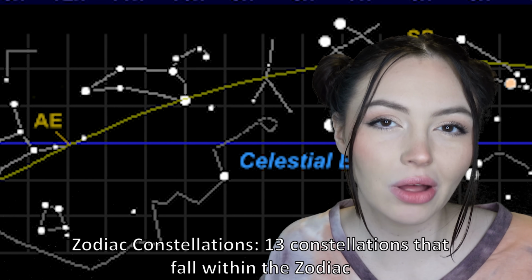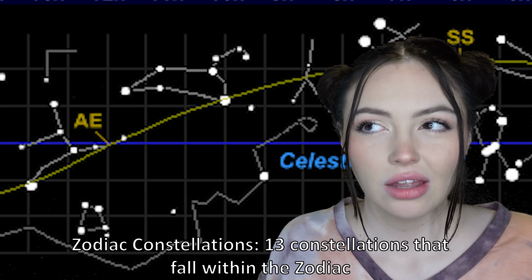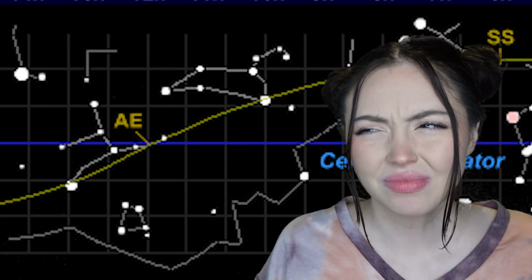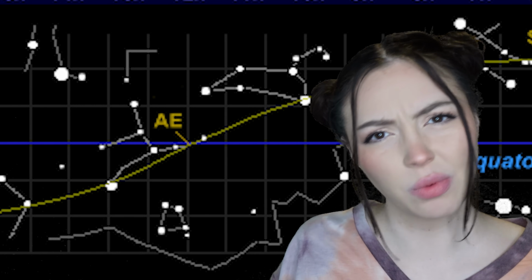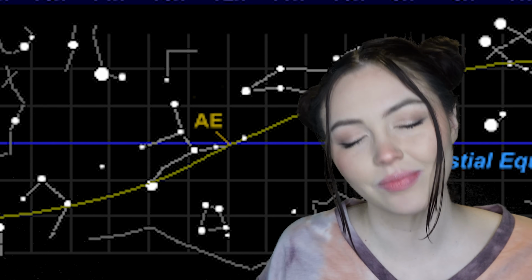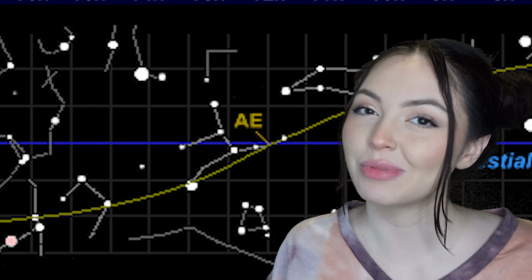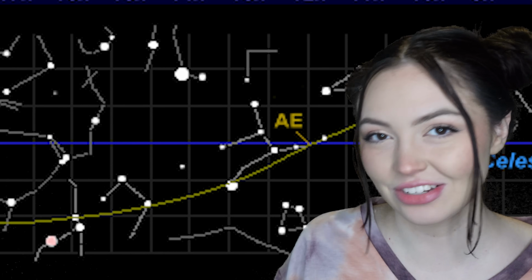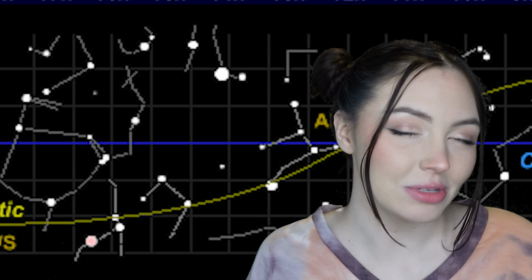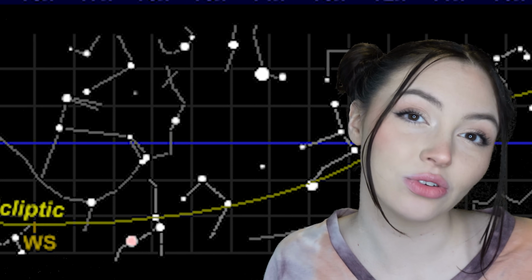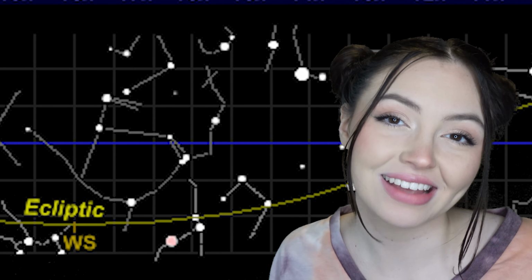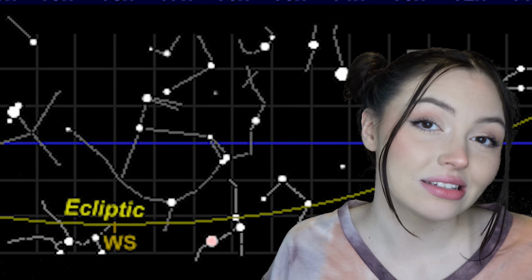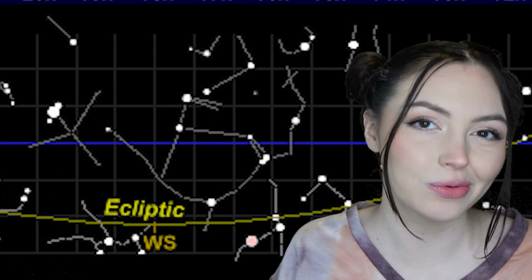And you might be thinking, well, that can't be right. There's only 12 signs. There's 12 signs, but there are 13 constellations. One of them is not recognized as an astrological zodiac sign. We'll get into that next video.